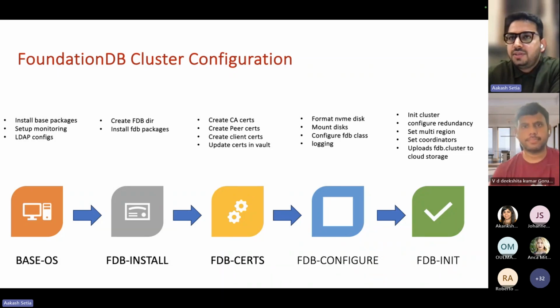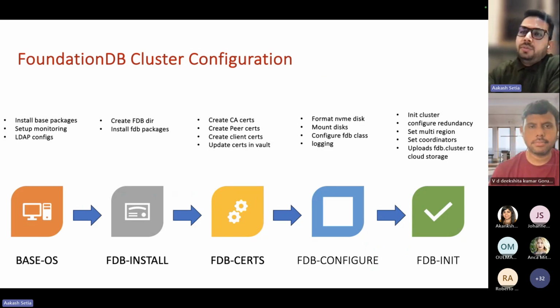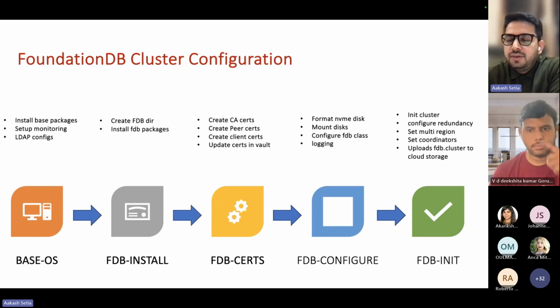Basically, once everything is done, we'll be able to see that the cluster is initialized. We publish the file to our storage accounts, and that file can be used to connect to the FoundationDB cluster. So this is how we are configuring the FoundationDB cluster, and the process is very streamlined and functional.